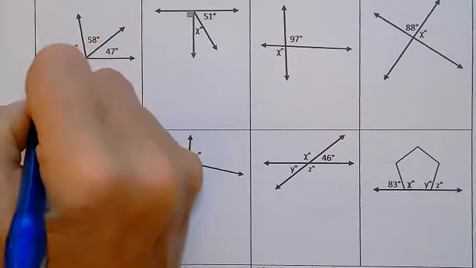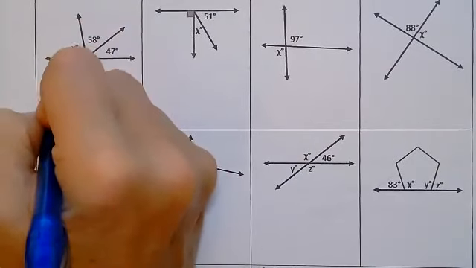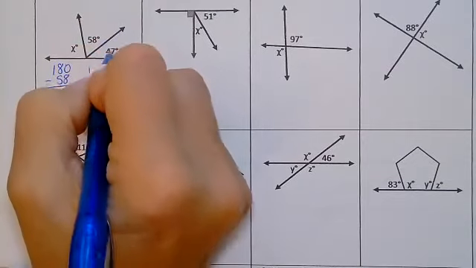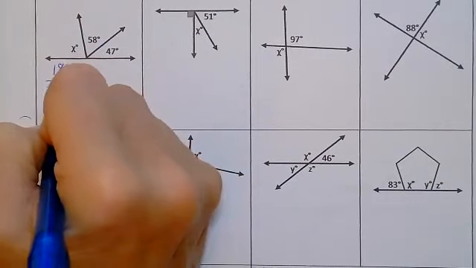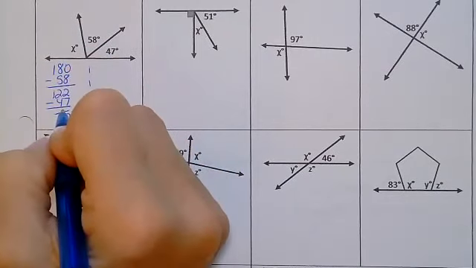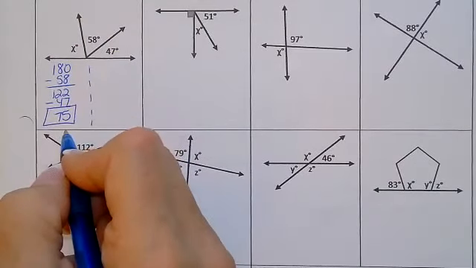So 180 minus 58 is 122, and then subtract 47 and I get 75. So that must mean that x is 75 degrees.